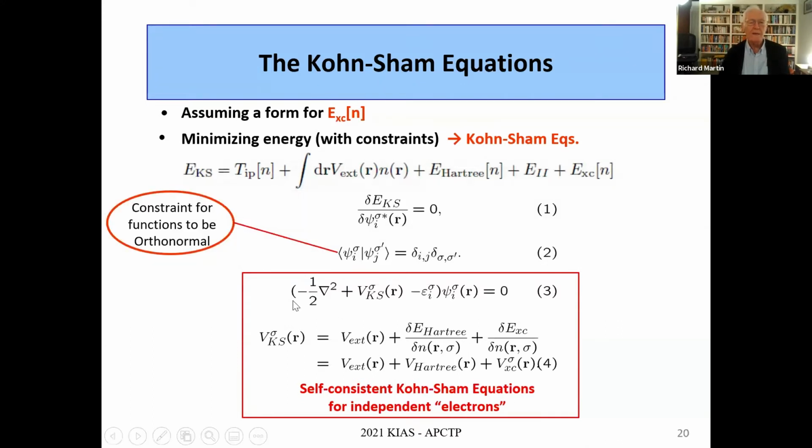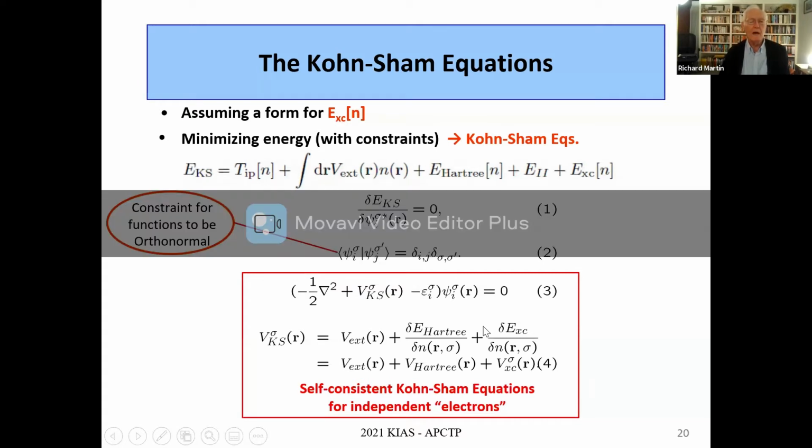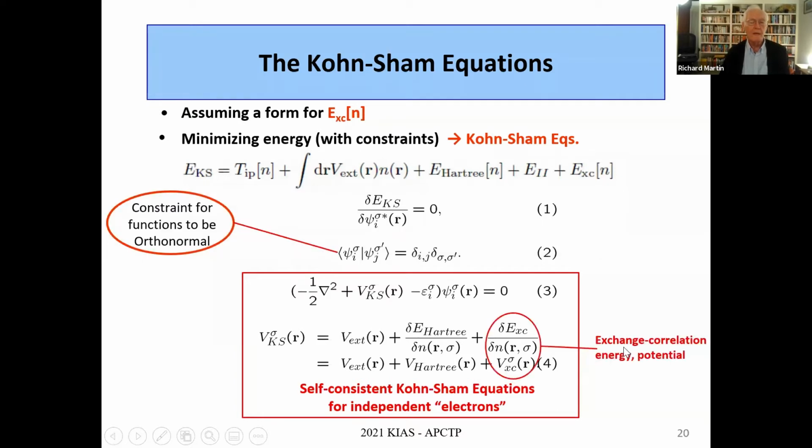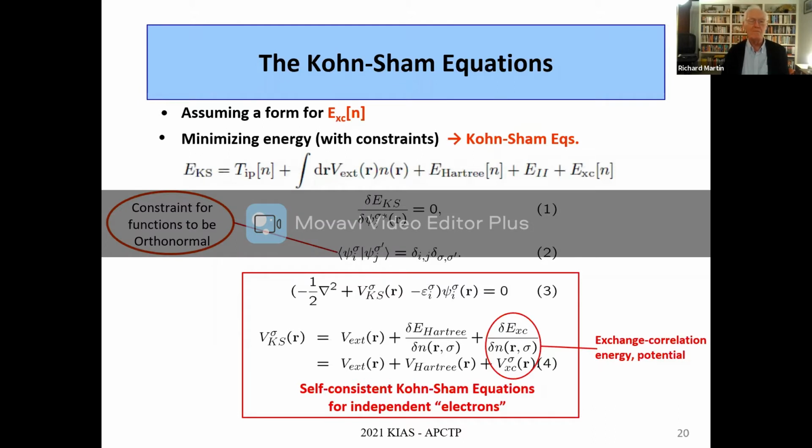And that immediately leads to the Schrödinger-like Kohn-Sham equation with a potential that's given in terms of the external potential and the terms due to the internal interactions with the other electrons. It's not difficult to use once you have an expression, but the interesting many-body parts enter through the exchange correlation functional and its derivative, which is an exchange correlation potential.